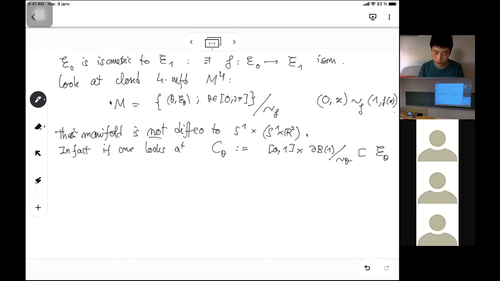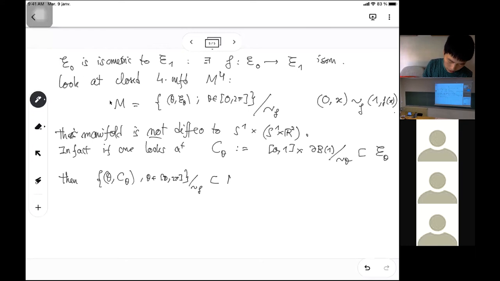That gives you a cylinder. Okay, if you look at this cylinder, then you look at the collection now of those cylinders, such that you quotient it by the equivalence relation.